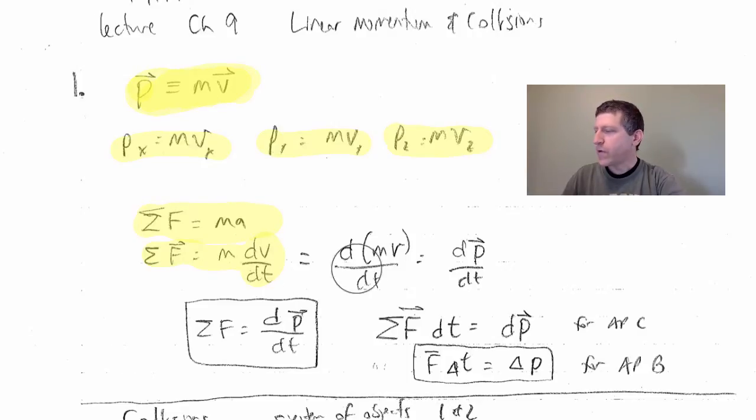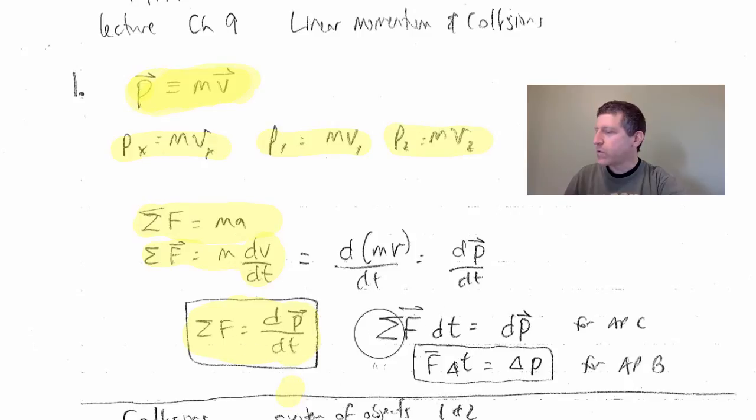This is simply the derivative of mv with respect to t, meaning that here's how Newton actually formulated his second law. He said that the net force on a system is the rate of change of what he called the quantity of motion. So this is another way of looking at Newton's second law, that the forces acting on an object are simply causing a change, the rate of change of the quantity of motion, which has to do with mass and velocity. The rate of change of momentum.